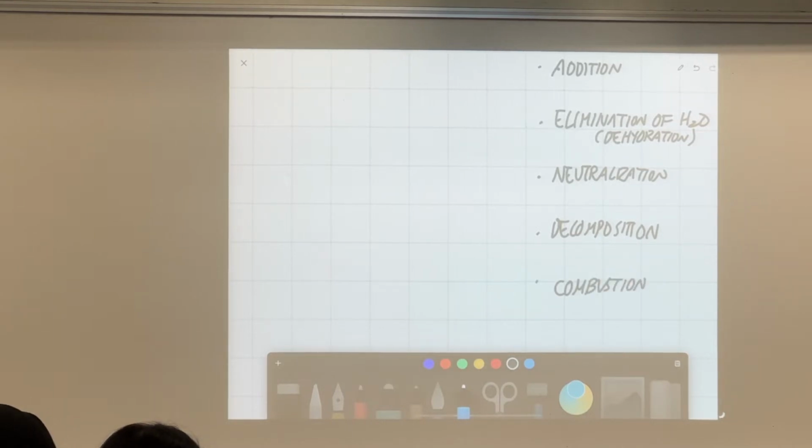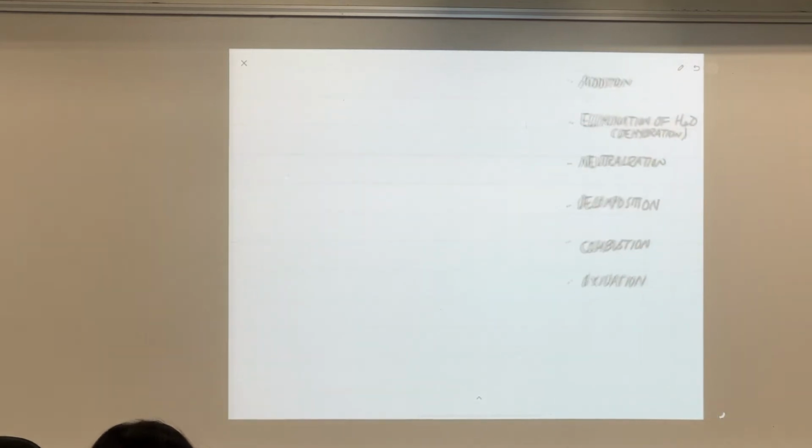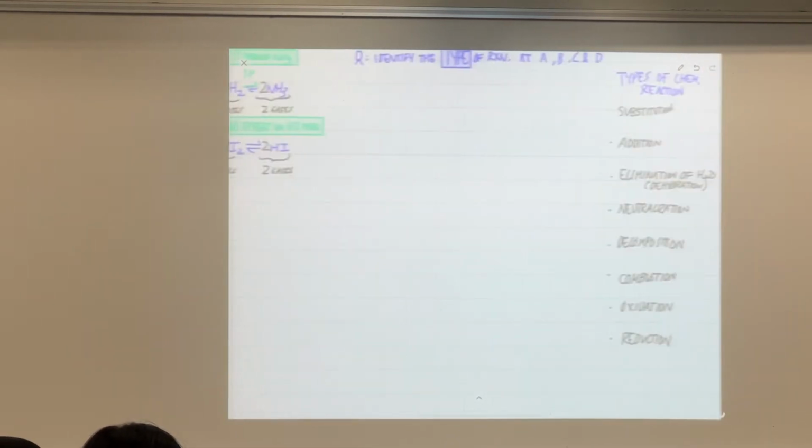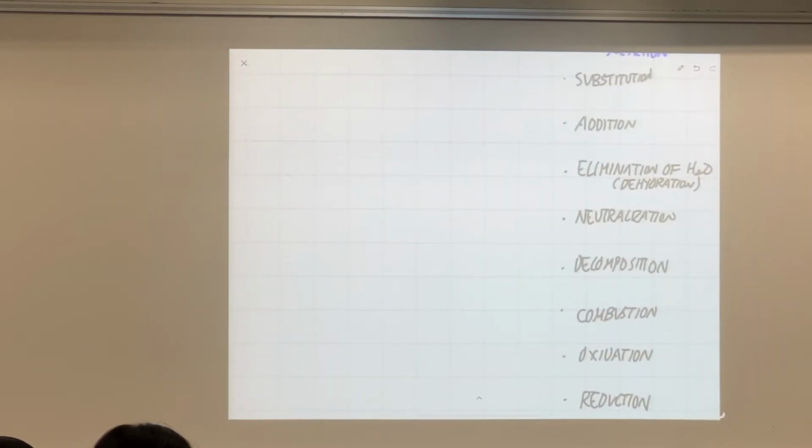Actually, two more, sorry. Oxidation and reduction. Can you give me one example of each? I accept any answer here as long as it is a substitution reaction. Do you remember there's one pathway that we use a lot in organic chem, to convert between two substances?